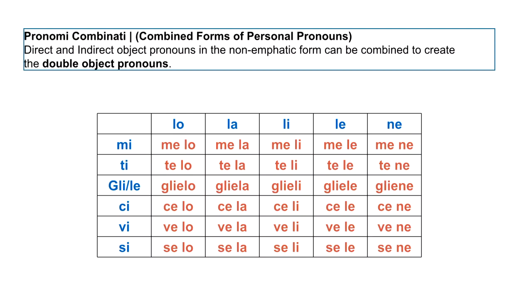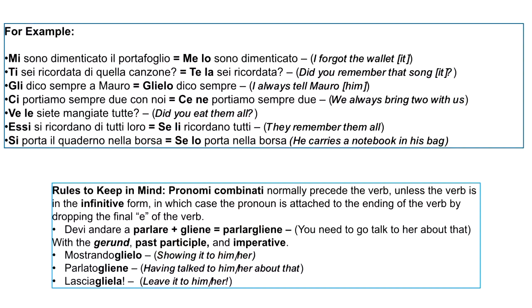And this is very useful, combining pronouns. Okay, so take a moment to study the chart and see how they are combined. Mi lo, ti la, mi lo, mi la, mi li, mi le, mi ne, etc. Let me give you a few examples.